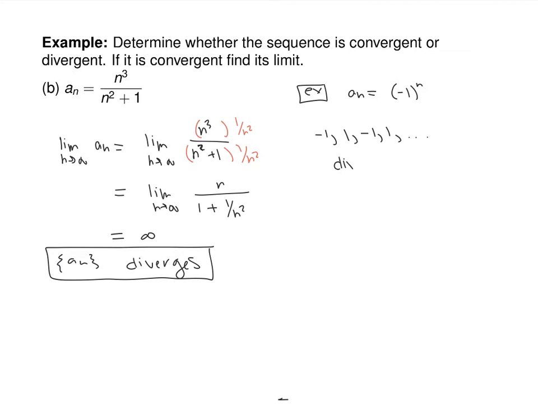So this thing also diverges. So, in summary, a sequence can diverge in more than one way. One way is that the limit's infinite, or another way is if you have some kind of pattern where the numbers don't settle down and go to one place.